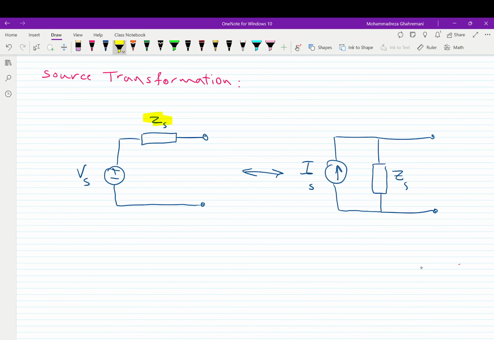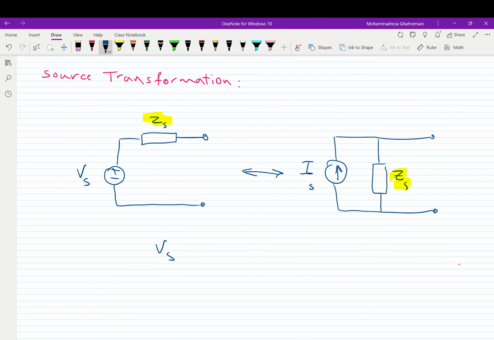What is the ZS? Of course, it is the same for both equivalent circuits, but what about VS and IS? There is a relationship between VS and IS. VS is equal to Z sub S times IS, and let me just write it below the figure.